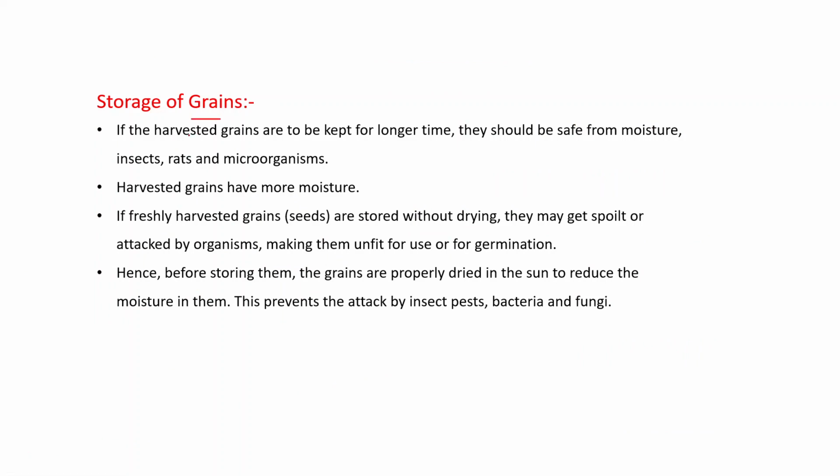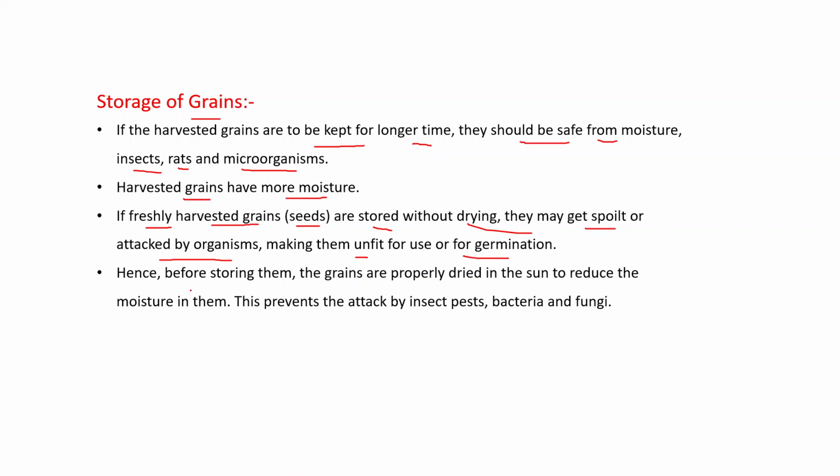Storage of grains. If the harvested grains are to be kept for a longer time, they should be safe from moisture, insects, rats and microorganisms. Harvested grains have more moisture. If freshly harvested grains, like these seeds, are stored without drying, they may get spoiled or be attacked by organisms, making them unfit for use or for germination.